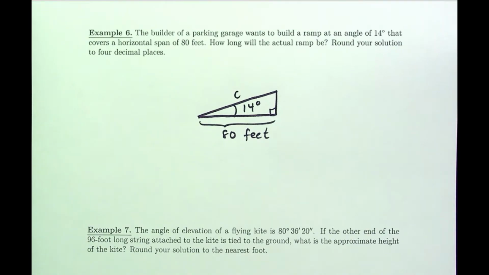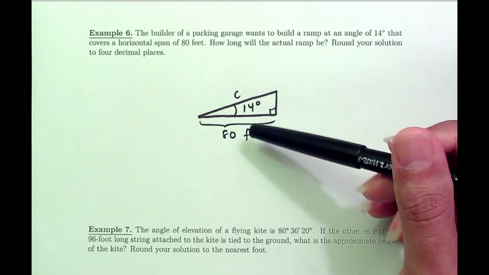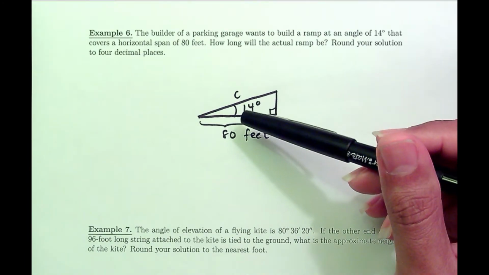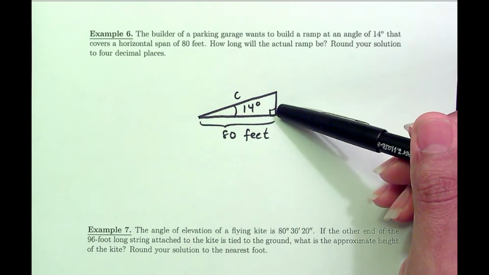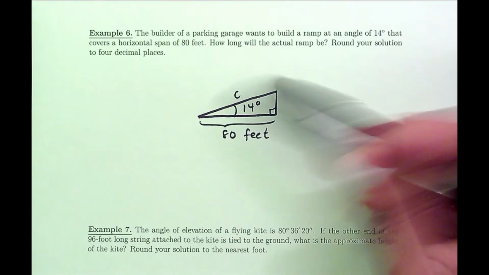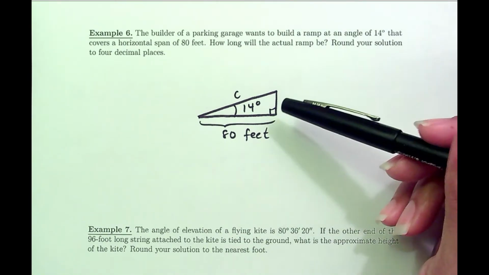If you don't know right away, you can just go systematically through all three of them. Let's start with sine. Does sine work? Sine of 14 would be, using SOHCAHTOA, opposite, which is the height, over hypotenuse. We don't know the height, we don't know the hypotenuse, so that's two unknowns, that's a dead end. We don't want sine then.